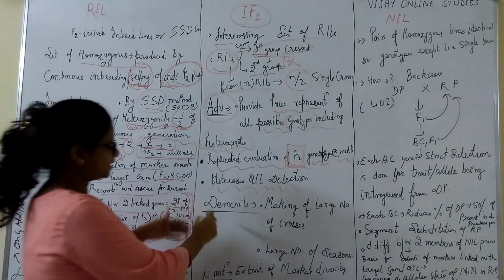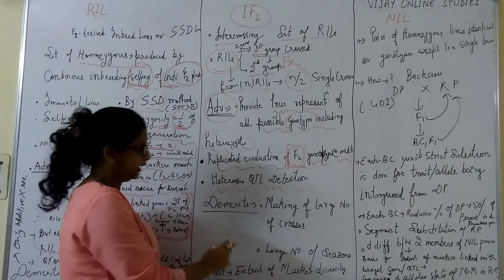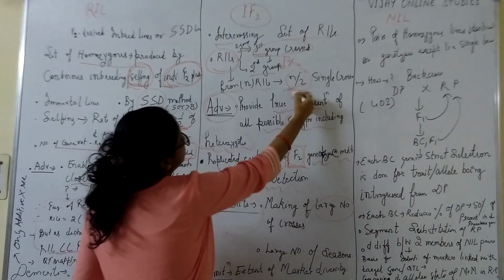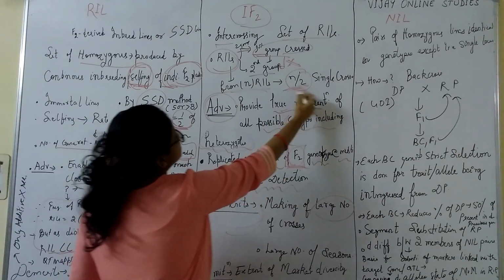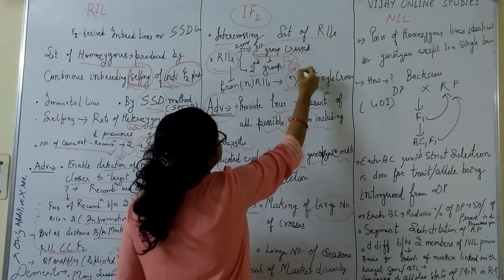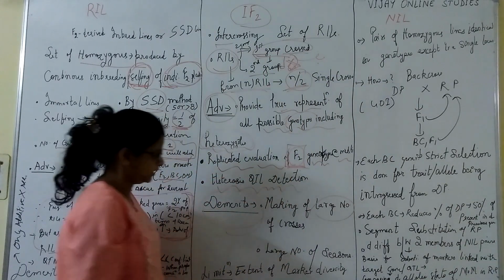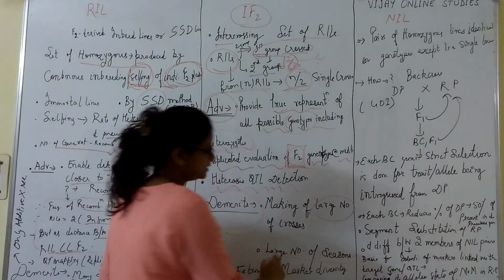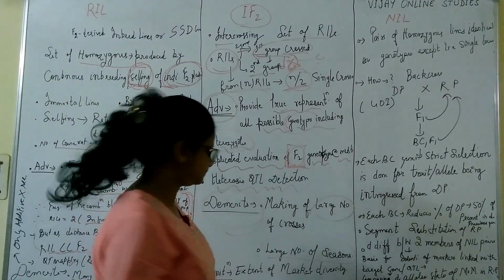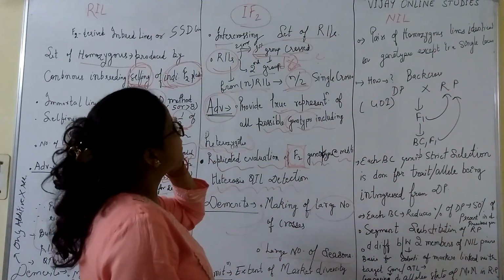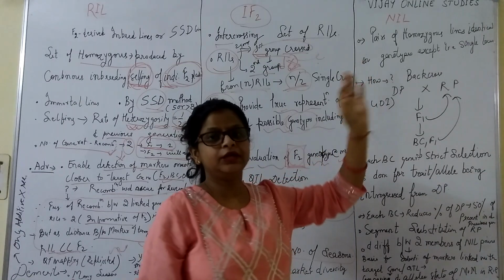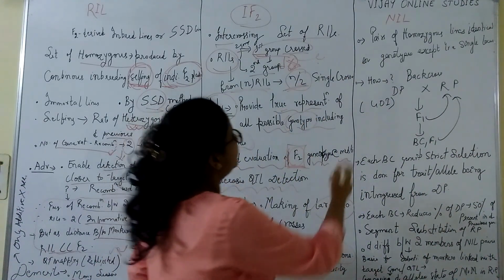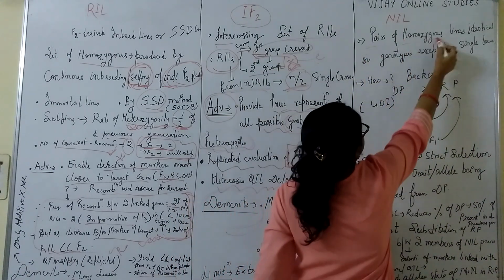The major demerit of these lines is that you have to make a large number of crosses, n/2 single crosses, with the first group crossed with the second group. You therefore need more seasons compared to F2 and backcross. Now, another important mapping population is NIL, near isogenic lines. What are NILs? NILs are a pair of homozygous lines.